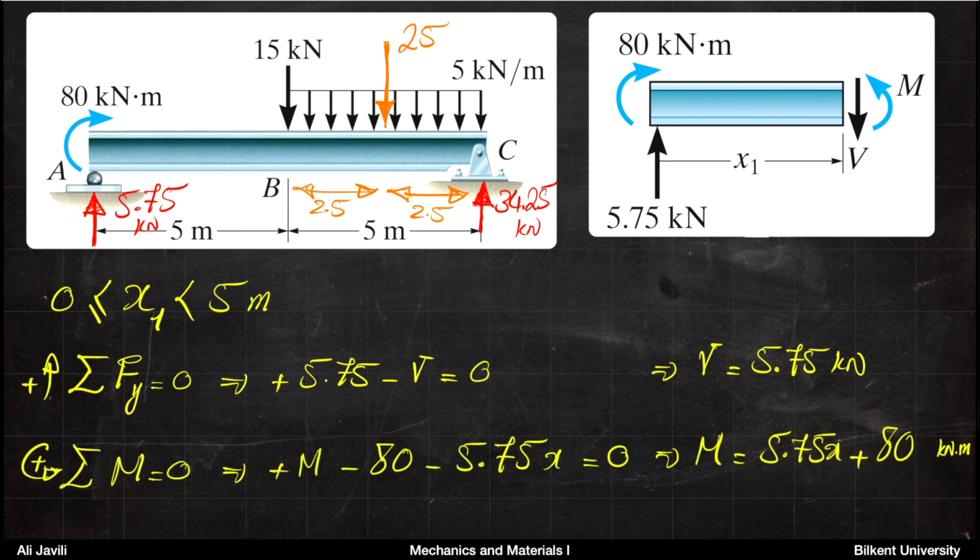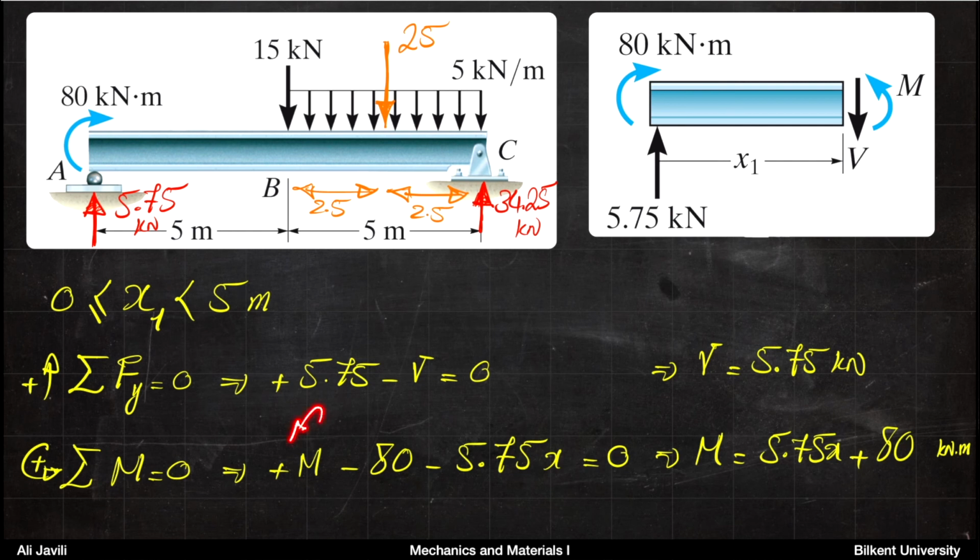Now, if you want to calculate the moment between A and B, again, you cut it somewhere in between at the distance x1, and then you draw the moment according to our plus convention.